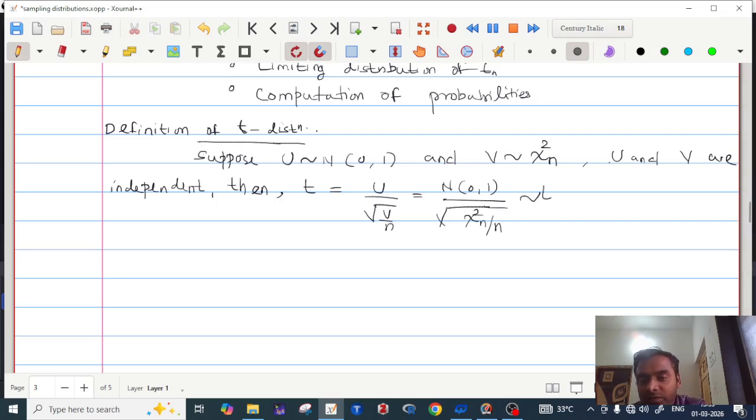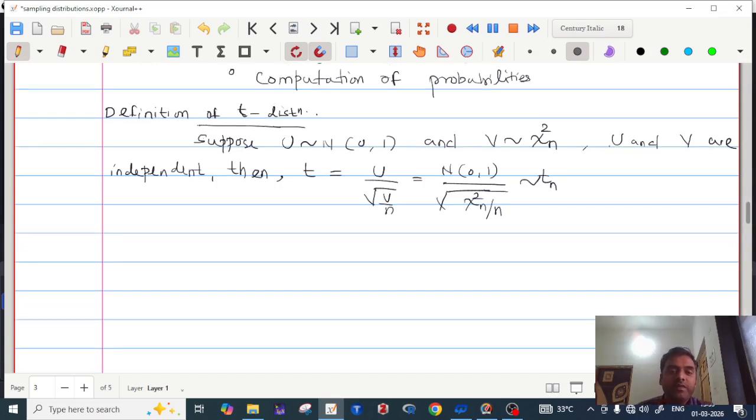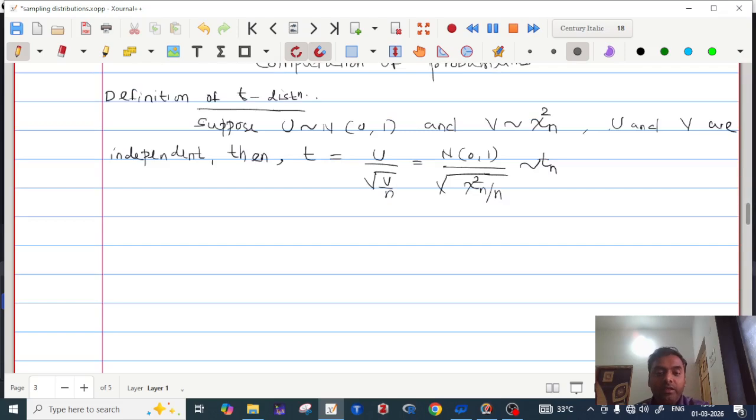This follows t with n degrees of freedom. In this way, the t distribution is defined. To define the t distribution, we need two independent random variables: U is standard normal and V is chi-square with n degrees of freedom.